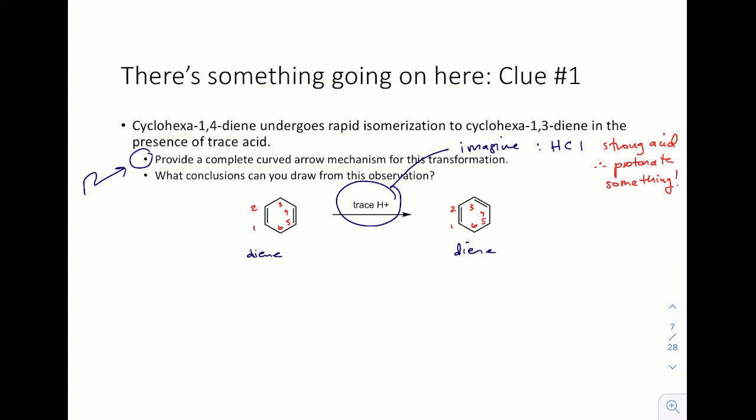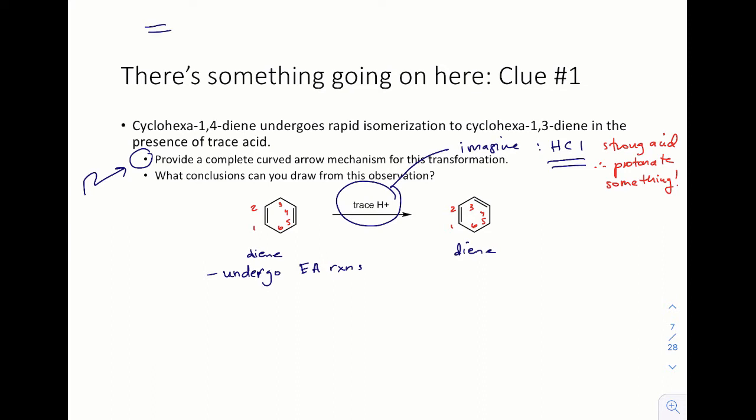Whenever we're problem solving, we write down the functional groups and we ask every molecule, what are you and how do you usually react? In the case of hydrochloric acid, it's a strong acid, and so it probably starts by protonating something. Looking at the dienes, we know that dienes will probably behave like alkenes and could undergo electrophilic addition reactions.